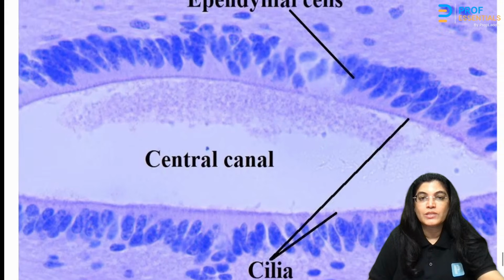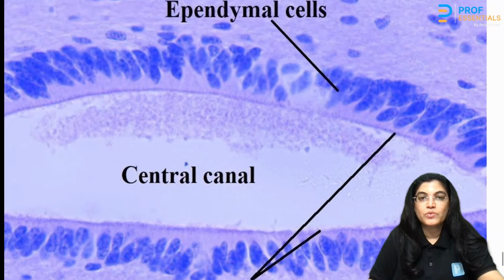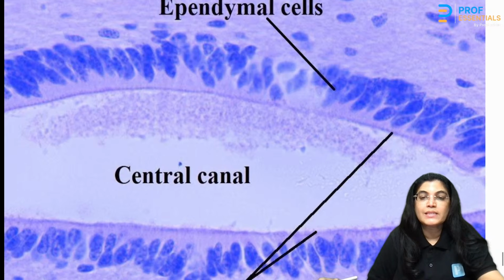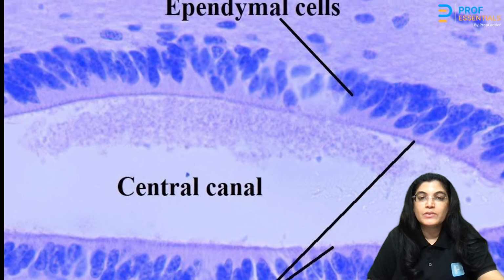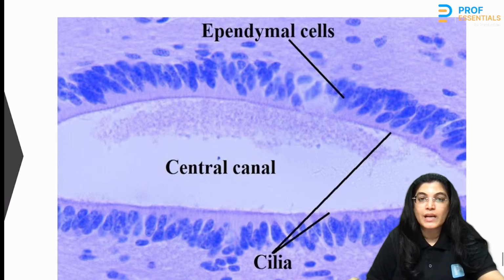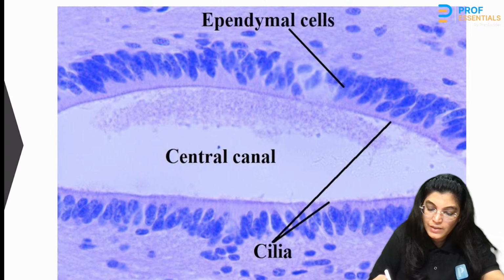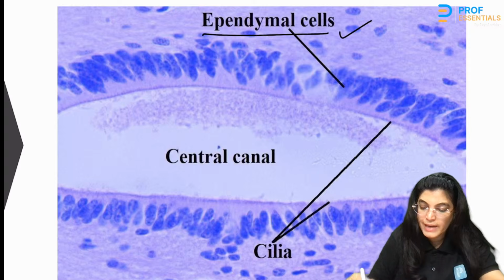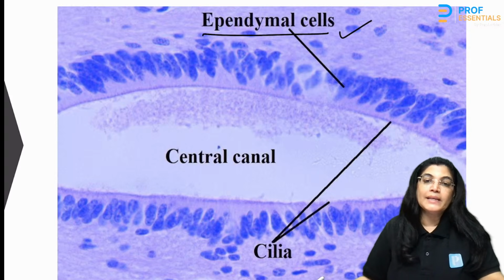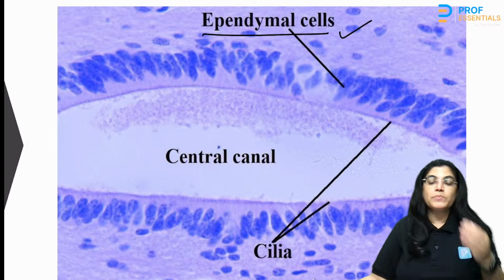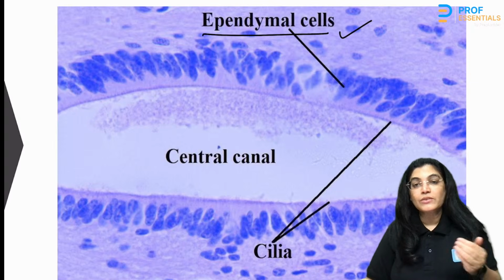You can see this is the central canal of the spinal cord, and inside we have the ependymal cells, columnar cells lining the inner aspect of the central canal of the spinal cord and the ventricles of the brain, ciliated columnar cells.